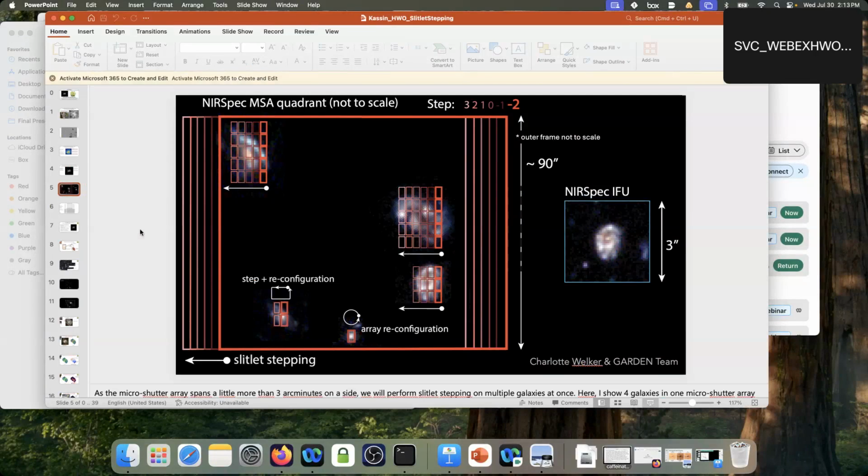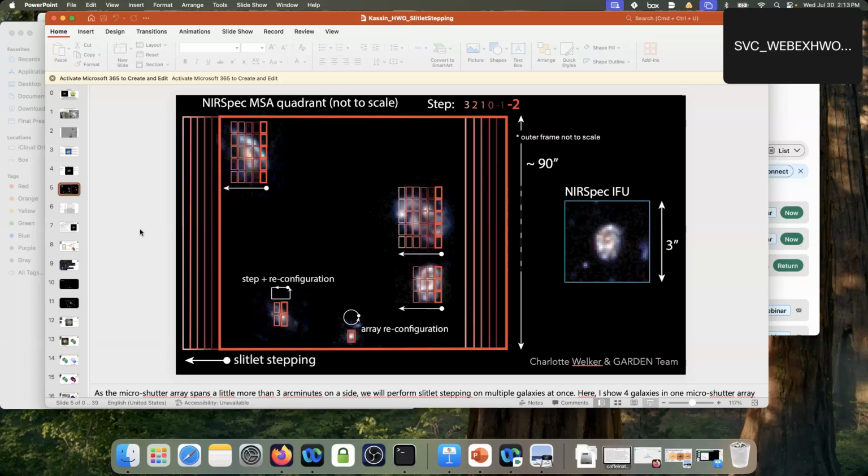I'm moving the telescope for this one. Yes, but the galaxy at the bottom stays there, which means that each time you are changing the slit configuration. I move, I reconfigure. Right. This one, I move off, I close this one, I reopen this one.